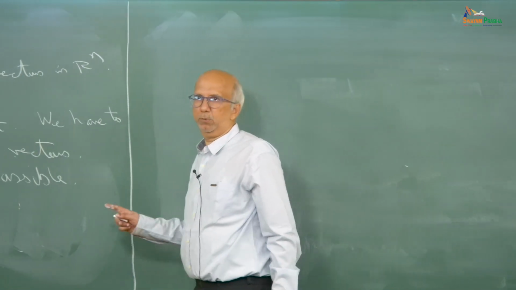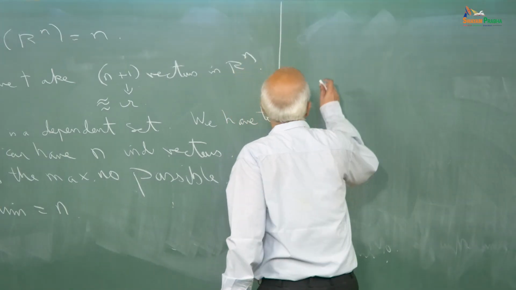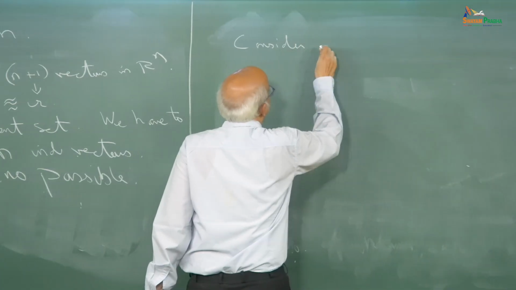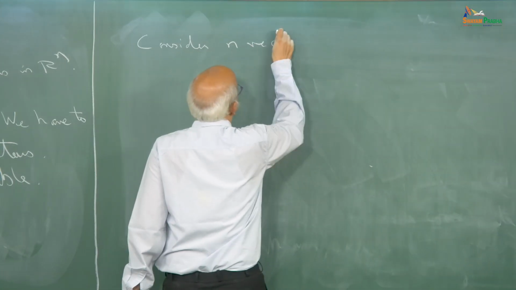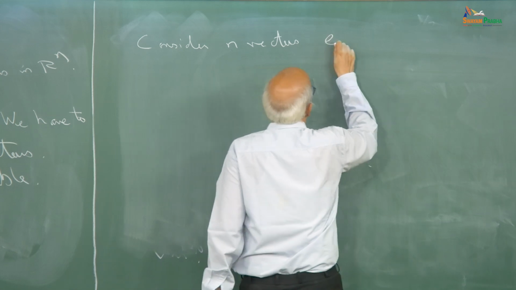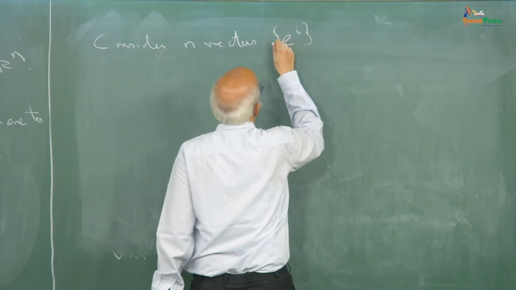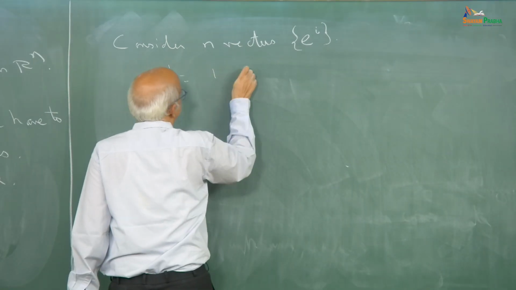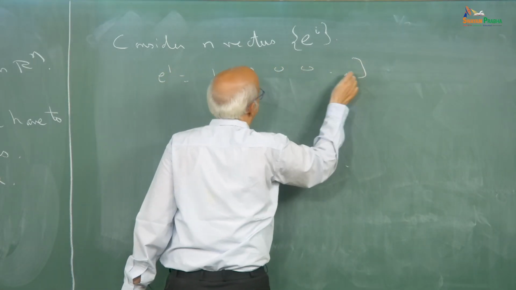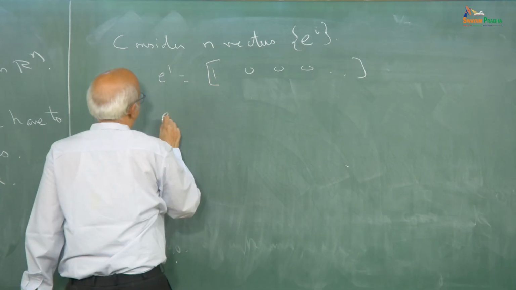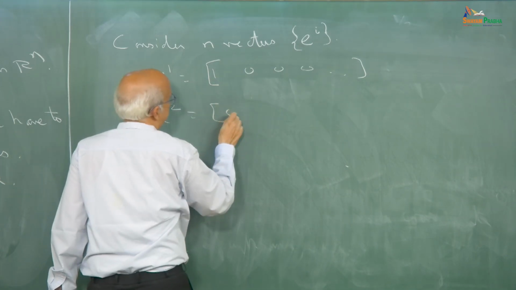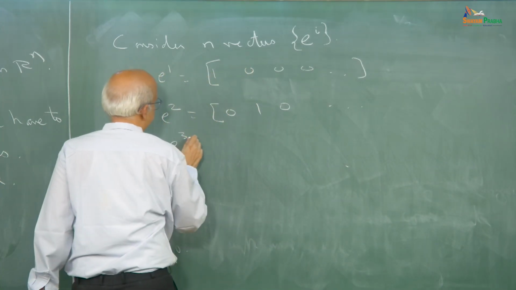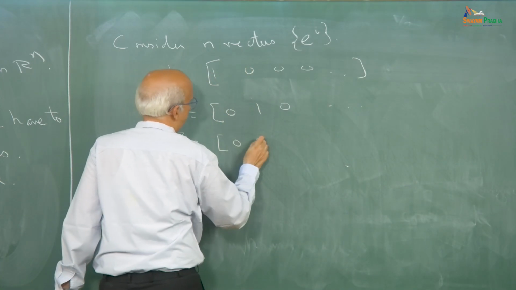So, what I want to do is consider n vectors ei. What is ei? E1 is 1 0 0 0 etc. What is E2? 0 1 0 0 0. E3 is 0 0 1.